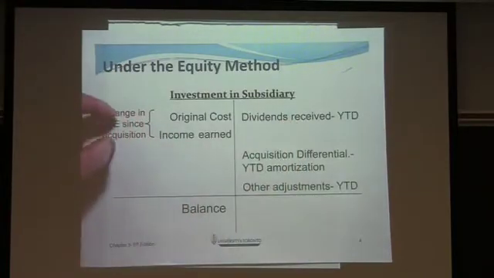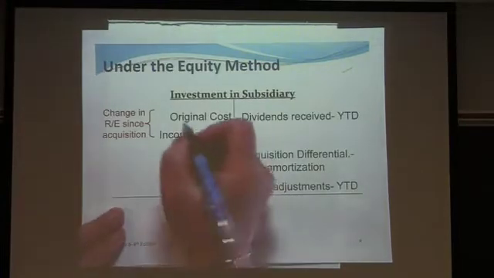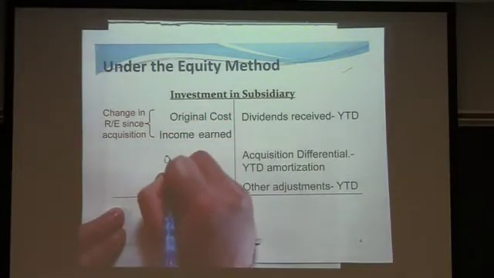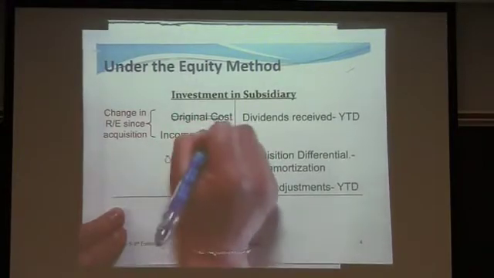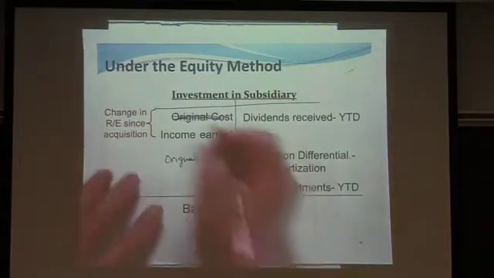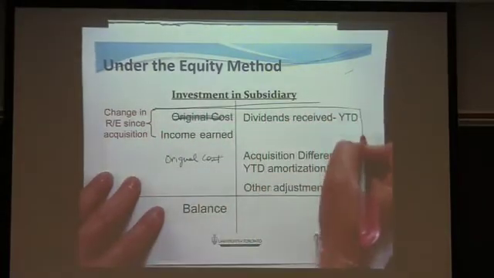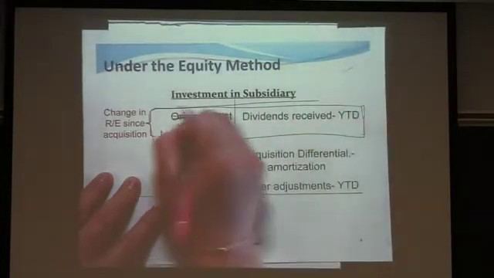Sorry, that change in retained earnings should not include the original cost. I should put that here. So this is actually, let me write this down, original cost, and this is the net change that's referred to here. Sorry for being a mess here, but that's the net change.